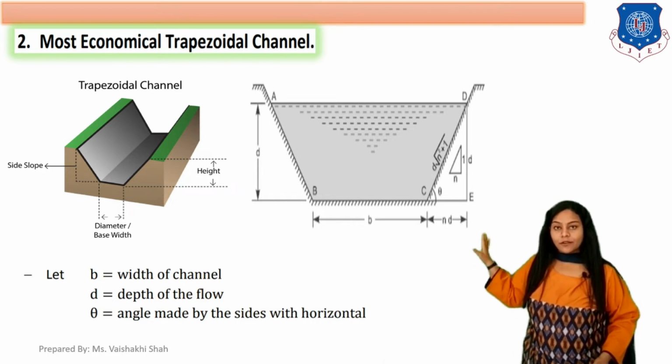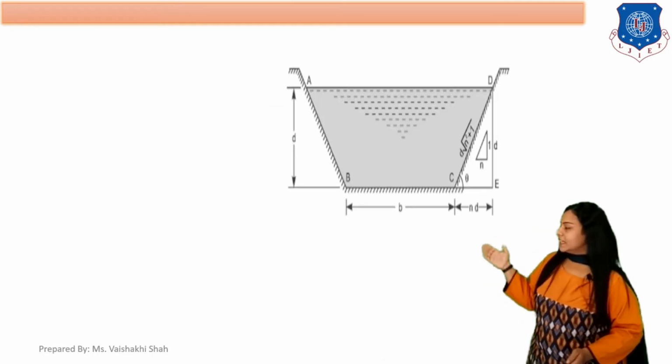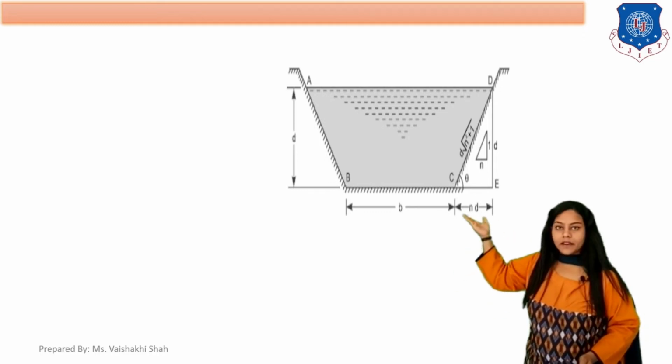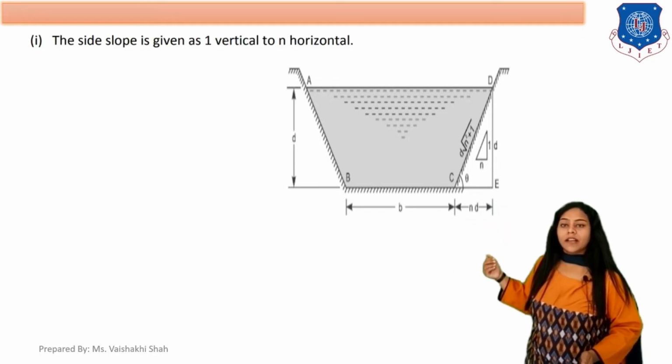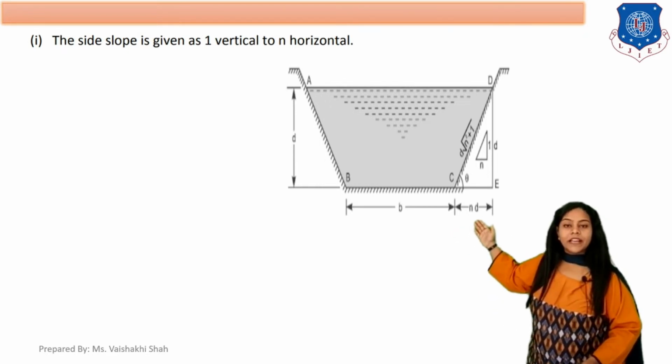Any doubts? Moving further to our derivation, this is your diagram for the trapezoidal channel: B width, D depth, side slope one vertical to n horizontal, so this distance becomes n into d.